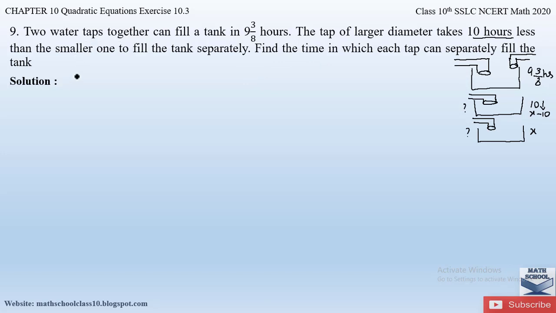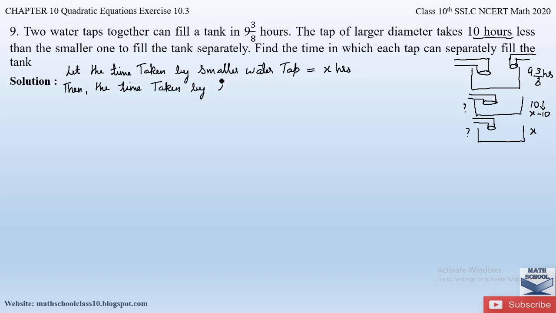So let us write down: let the time taken by the smaller water tap be X hours. Then the time taken by the larger water tap will be X minus 10 hours, since it will take 10 hours less to completely fill the tank compared to the smaller water tap.